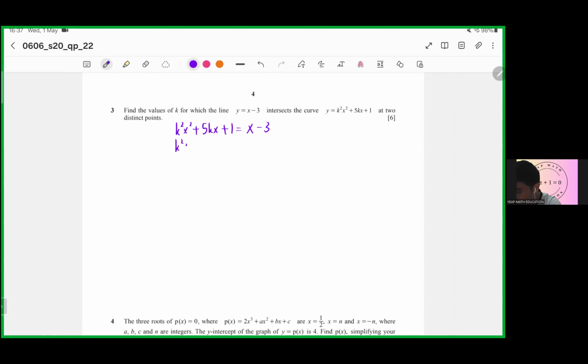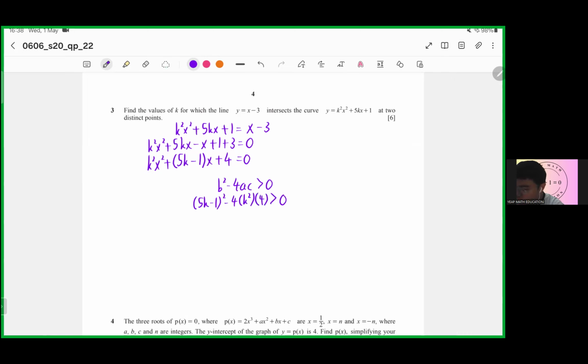Here we get the quadratic equation. So we use the discriminant b squared minus 4ac more than 0: (5k minus 1) squared minus 4 times k squared times 4, more than 0 here.